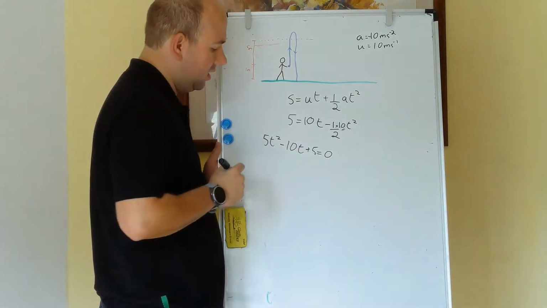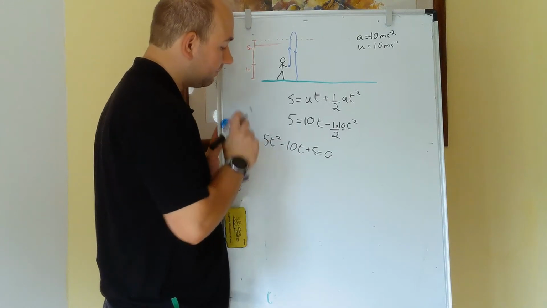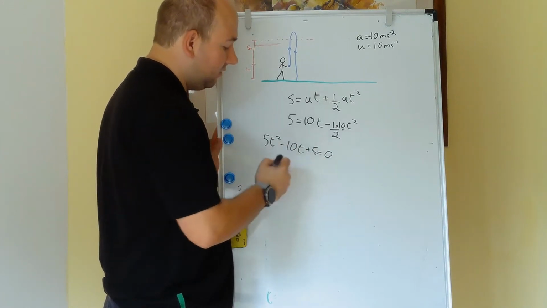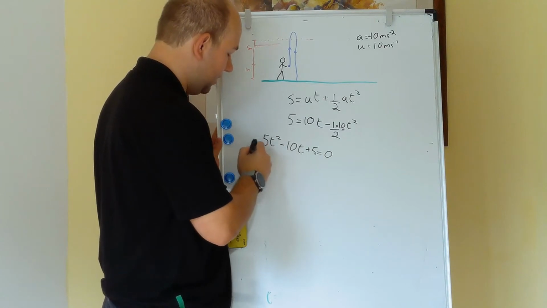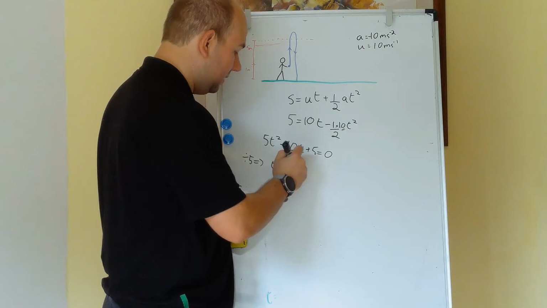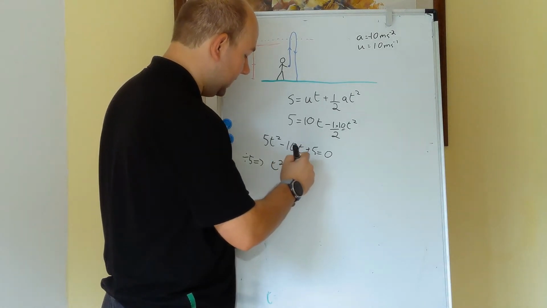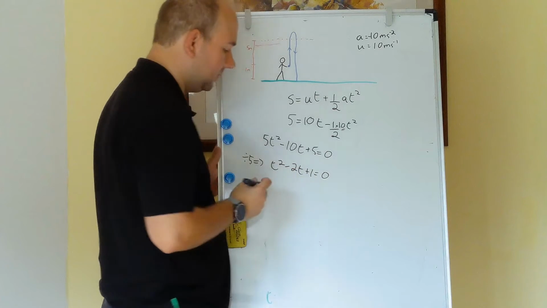So I've now got my quadratic form that we've talked about in previous videos. As you can see, there's a common factor of 5, so I'm going to divide through by 5. Dividing through by 5 gives t squared minus 2t plus 1 equals 0.